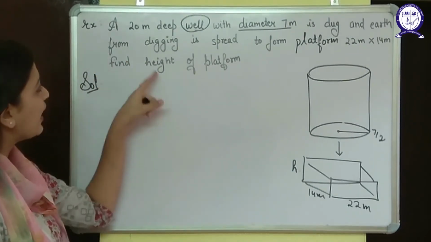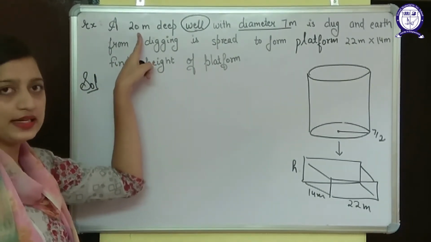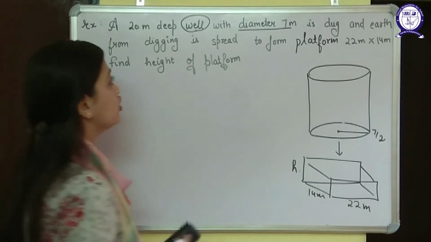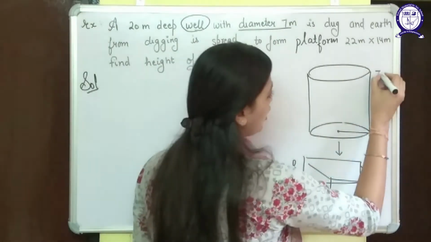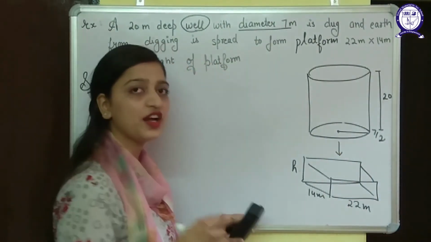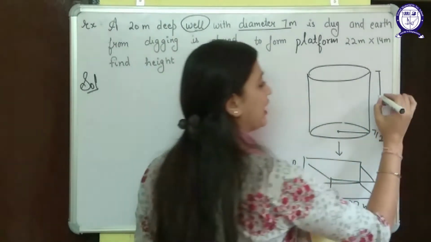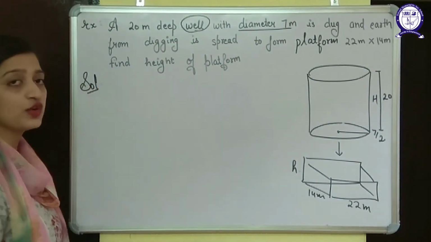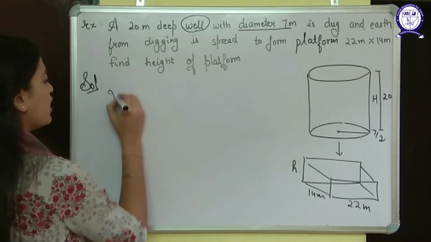And look at the height, 20 meter deep, and deep or depth words are used for height. So this is my 20 meters, and since there are two heights in the question, we will take it as capital H. Okay. So according to the question, what will be the formula?